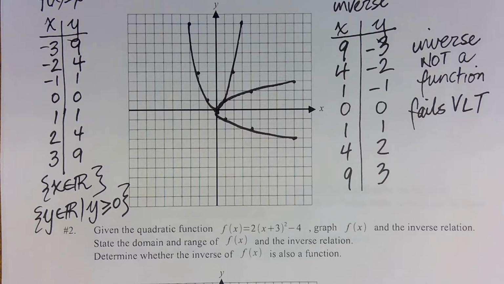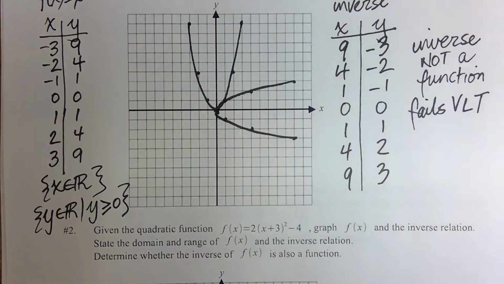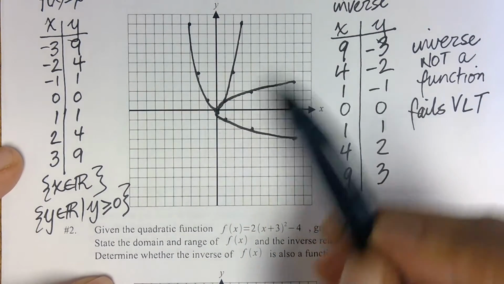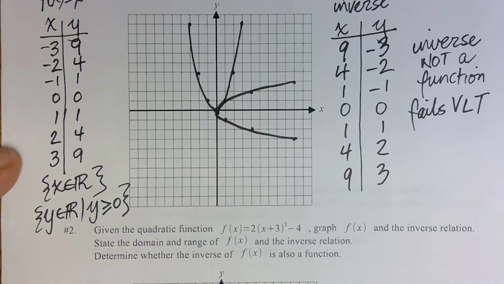You see this up branch and the down branch? Well, when you find the equation, we'll have a plus or minus. The plus part applies to that. The minus part applies to that.